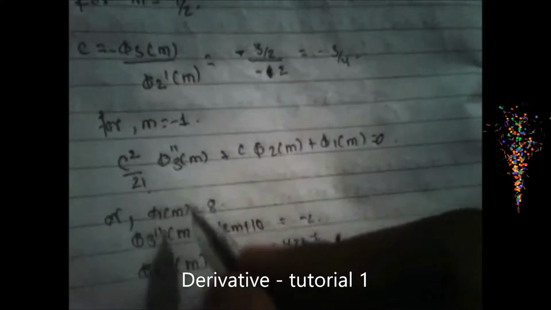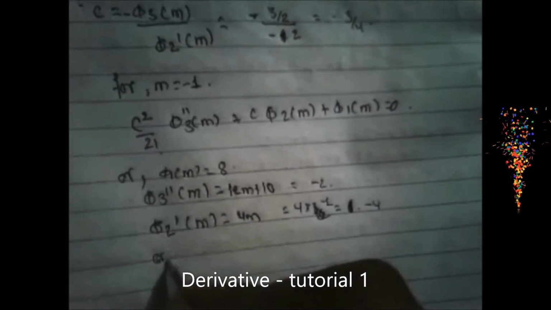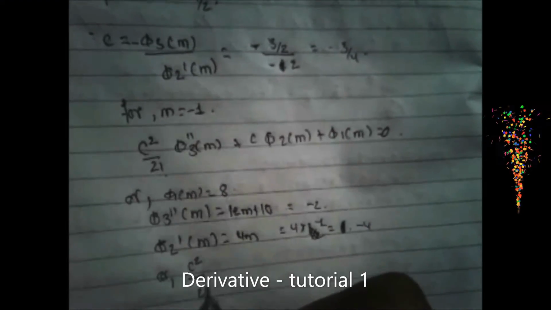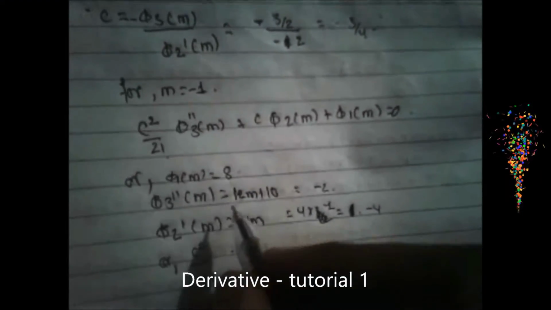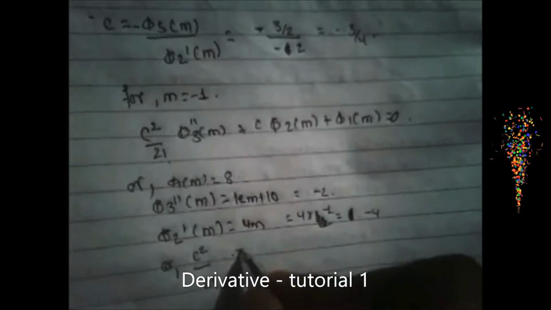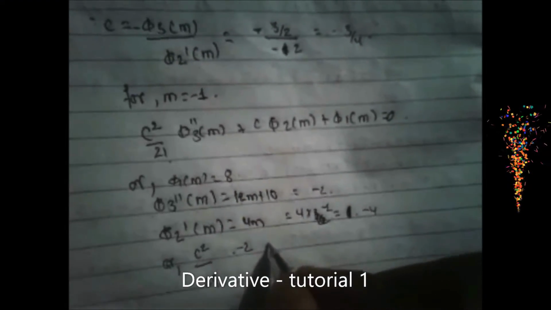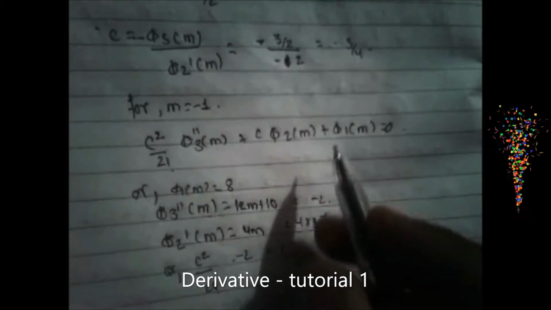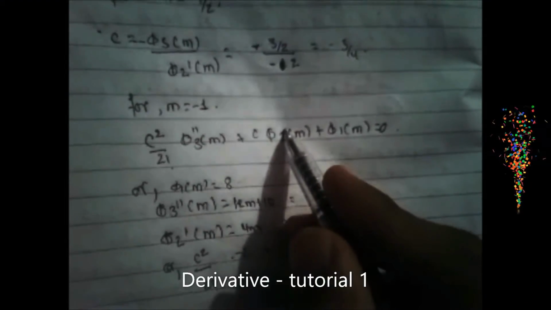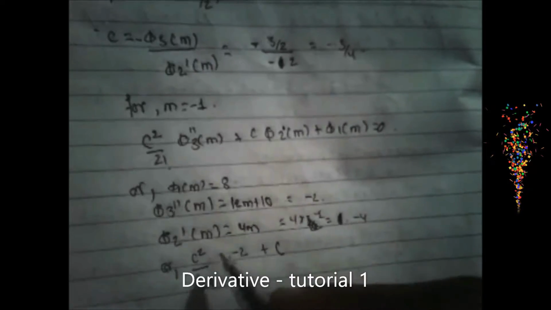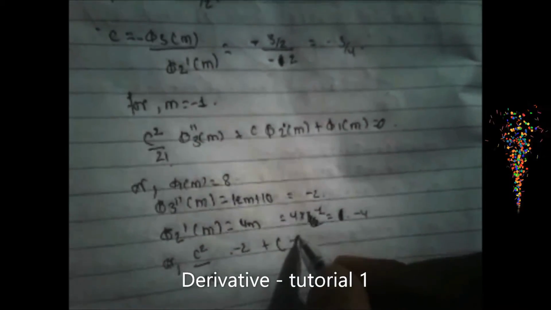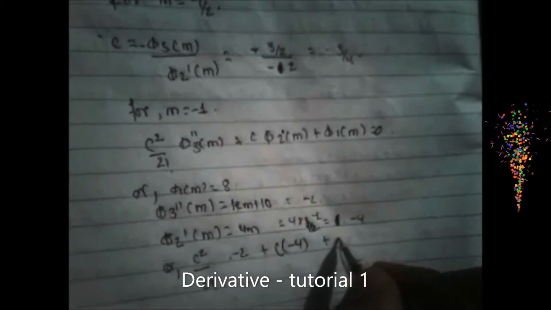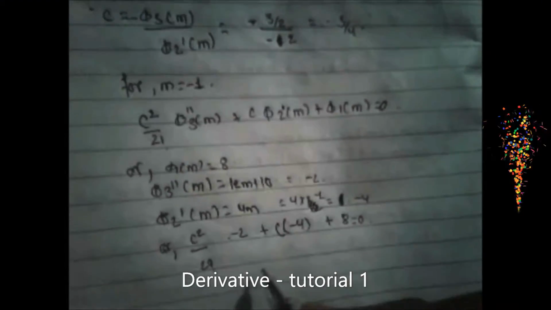Now we solve for this: c square by 2 factorial 2, phi 3 double dash of m we have found, minus of 2, and plus c phi 2 of m, phi 2 dash of m is minus of 4, plus phi 1 m is 8 is equal to 0.